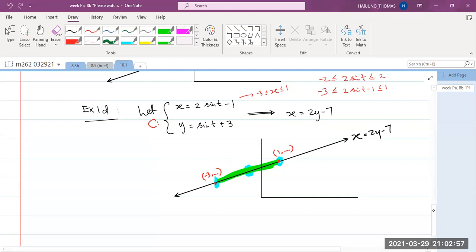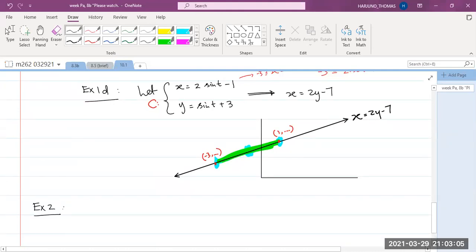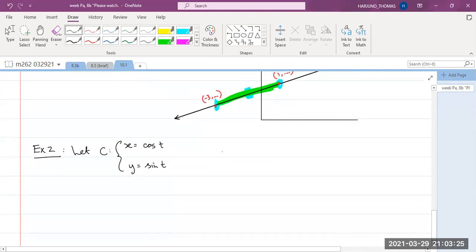Now let's do another example, example 2. The following is actually known to be a unit circle. X equals cosine t, y equals sine t. It is a unit circle because we know that cosine squared t plus sine squared t equals 1.